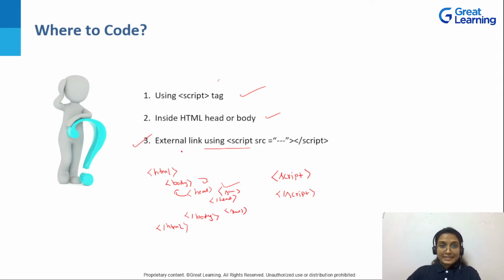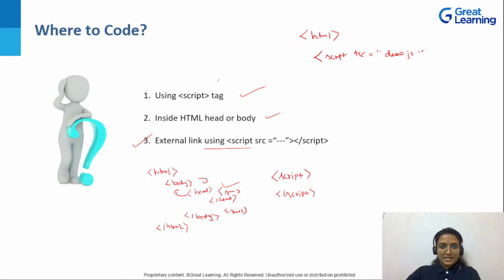When you link externally, say here in HTML, you have to write this code: script src is equal to, and you put the link, say for example demo.js, or the complete link where it is situated. If you are working in the local system, the complete link has to be put, or you can save all the related elements in one single folder and just put the name of the file.